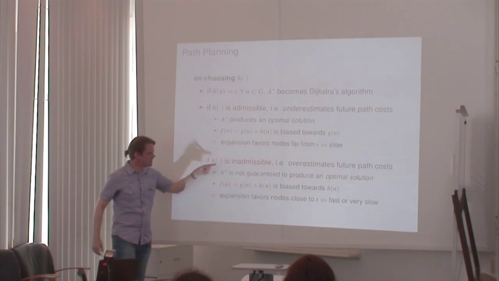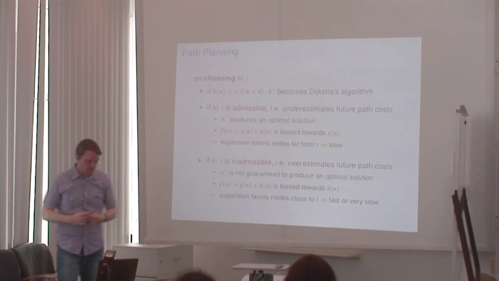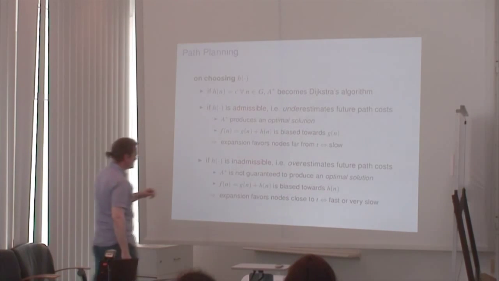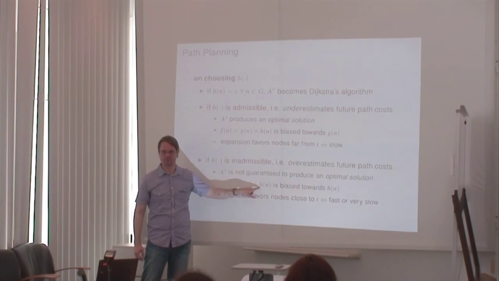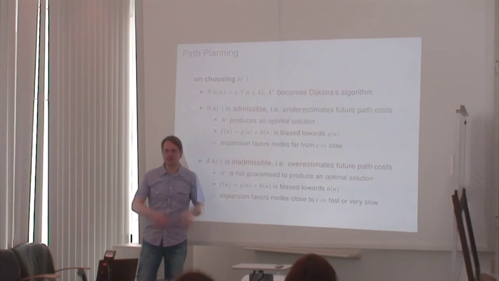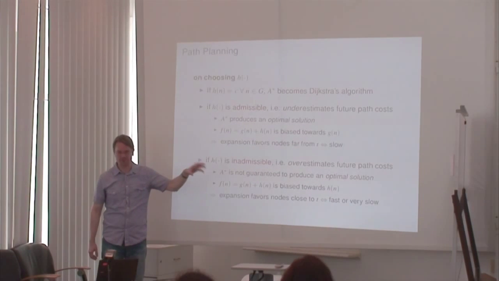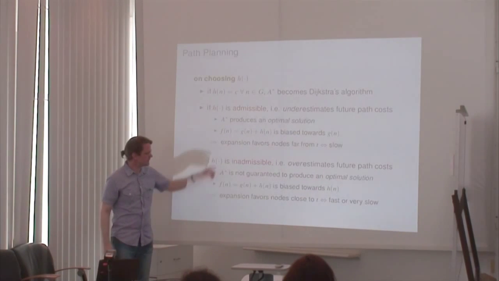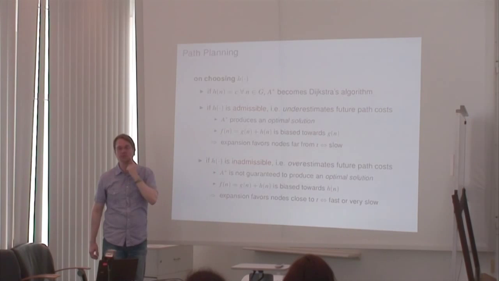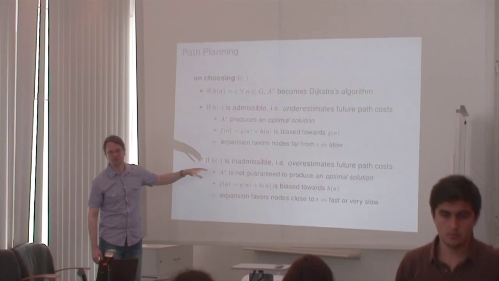If we choose an inadmissible heuristic, that is a function that overestimates future path costs, this function f of n may on average be biased to this term. And so it may favor nodes that are closer to the target for further expansion than nodes that are closer to the source node. However, if H is inadmissible, we do not have a guarantee anymore that A star is optimal.